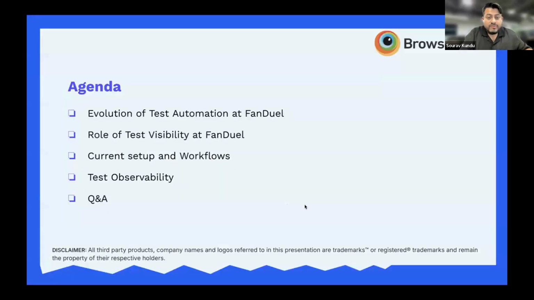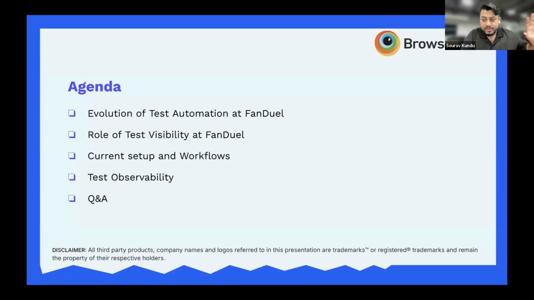Cool. So we'll be covering broadly these topics today. We'll be talking about FanDuel's test automation journey, the role of test visibility within FanDuel, FanDuel's current setup and workflows. It's mostly going to be Andrei doing all the talking, and I asking him a lot of questions. But I would also like to take some time towards the end talking about a solution to some of the problems Andrei has been facing at FanDuel.